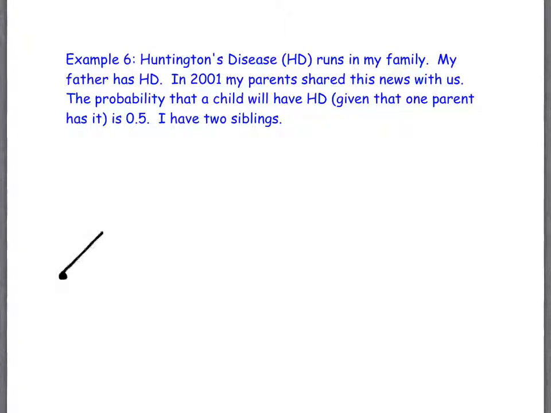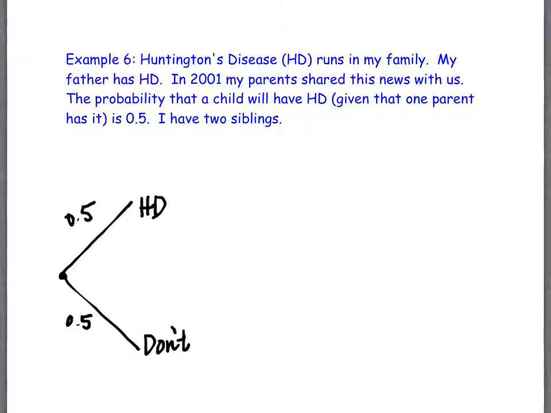So the first person in the family born was me. So this branch is me. And for me, there is either the possibility that I have Huntington's or I don't. And what's the likelihood that I have it? 1/2. And I'll do it in decimals this time since I did fractions the last time. It's the same thing.